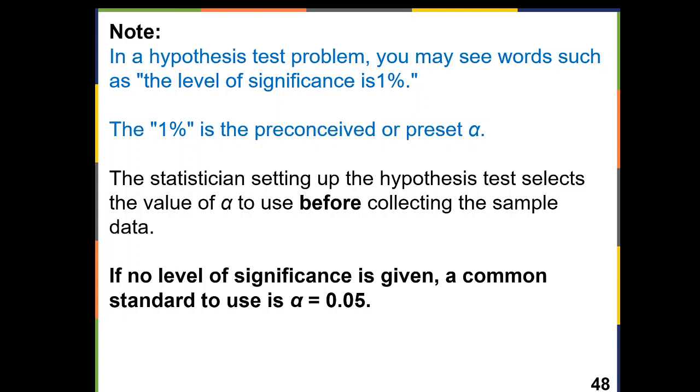In a hypothesis test problem, you may see words such as the level of significance is 1%. The 1% is the preconceived or preset alpha. The statistician setting up the hypothesis test selects the value of alpha to use before collecting the sample data. If no level of significance is given, we use alpha, 5%.